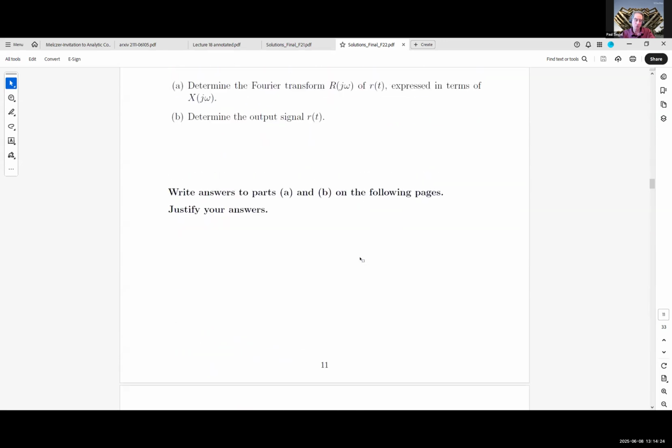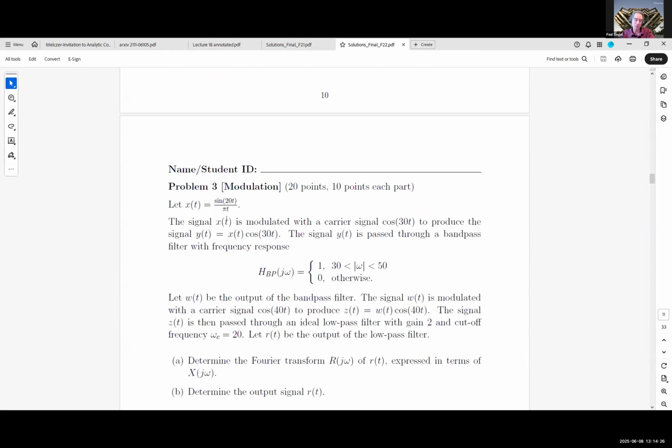Let me just repeat the problem. You're given a signal x of t, which is sine of 20t over pi t, so a sinc function. It's modulated using a carrier of cosine 30t, so the resulting signal is the product. Then it's passed through a bandpass filter whose pass band is between frequencies 30 and 50.